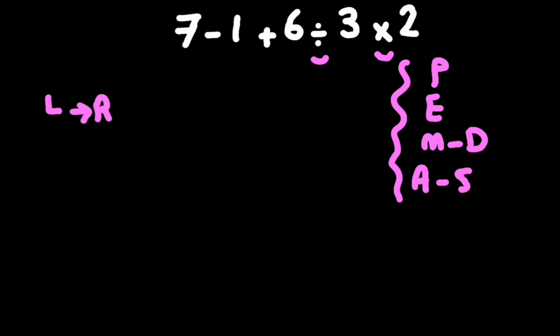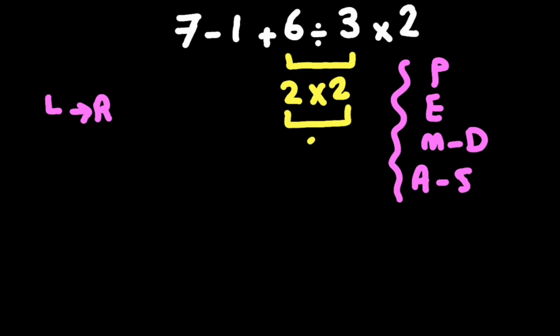So 6 divided by 3 gives us 2, and 2 times 2 gives us 4. Now we have 7 minus 1 plus this 4.